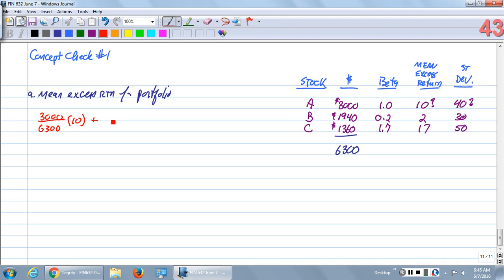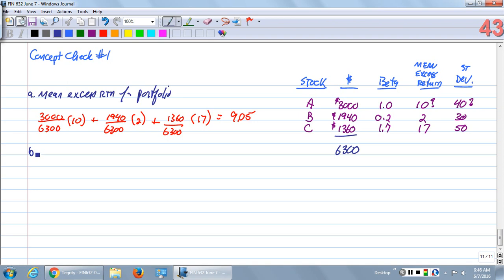Plus asset B, 1940 divided by 6,300, so that's the percentage of it in our portfolio, times 2, plus our last one is 1360 divided by 6,300, times 17. And so if we multiply all that out, you should get 9.05. So 9.05% is the mean excess return for the portfolio.